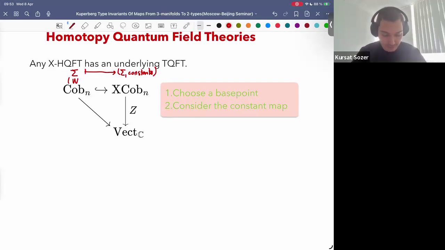And if we have any bordism between things, then again we can equip it with a constant homotopy class. So we can in fact embed the usual cobordism category into this X-cobordism category by adding this data of a map, just using constant maps, with no information about the maps. That's the kind of inclusion.